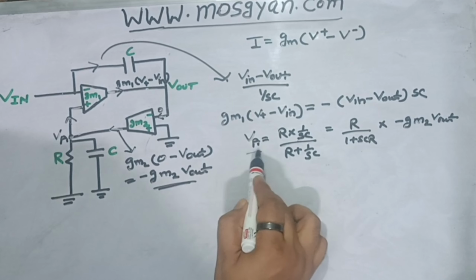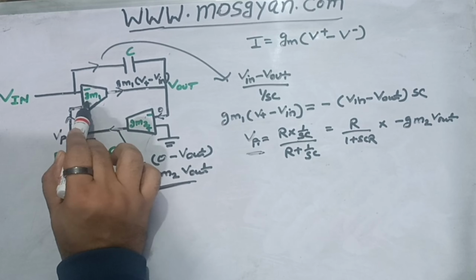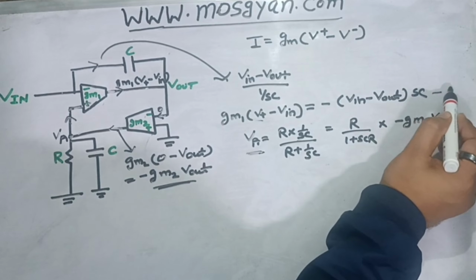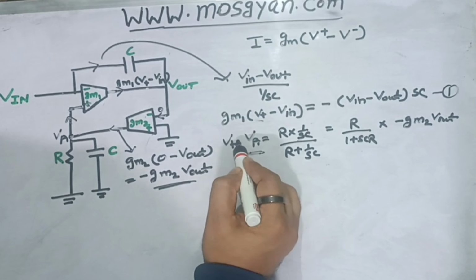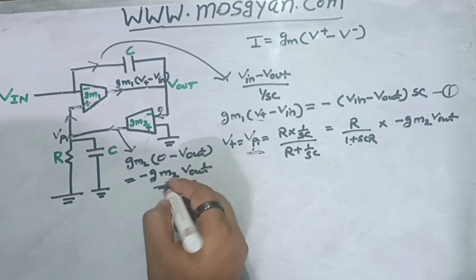Now we have calculated the value of VA, and this VA value is nothing but the positive potential, which so far we have not kept anything in this equation. So if I substitute this V plus value in this equation, let's see how this unfolds.